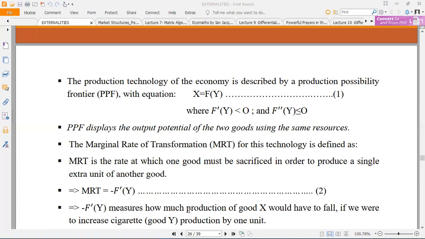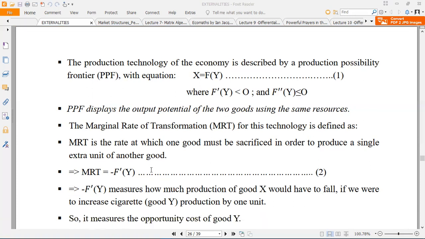It measures how much production of good X, so here food, would have to fall. So the quantity of food that we have to decrease if we were to increase cigarette production by just 1 unit. If we want to increase the production of cigarette by 1 unit, then we have to reduce the quantity of food by the value f prime of y.